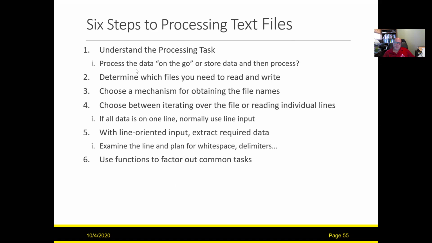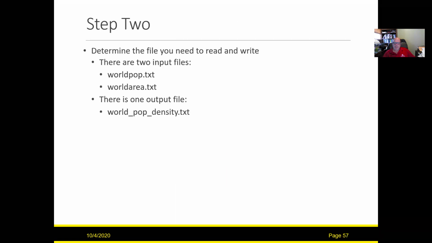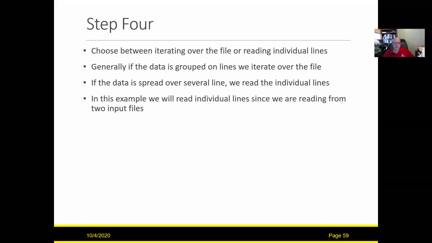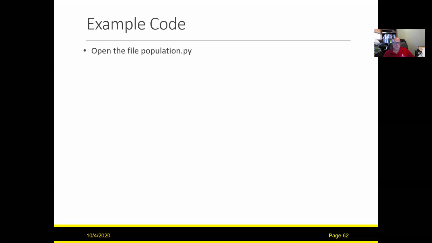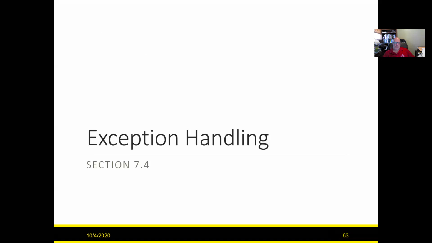This is going to be your design document for processing your text file. I'm not going to spend any more time on this. You're going to go through this with your exercises. Okay, I'm going to stop here and come back and do the exception handling.